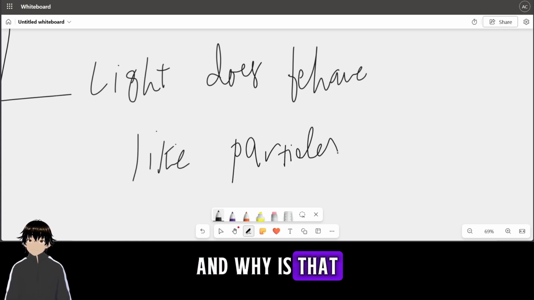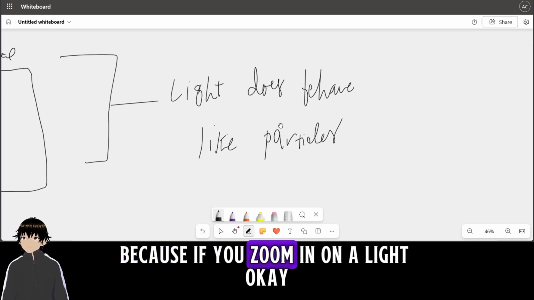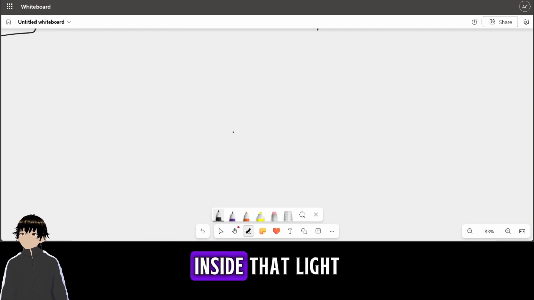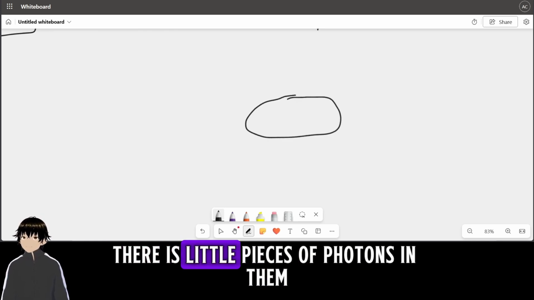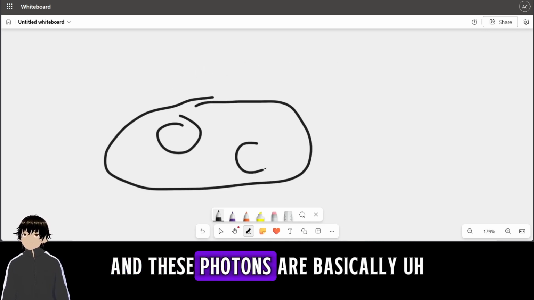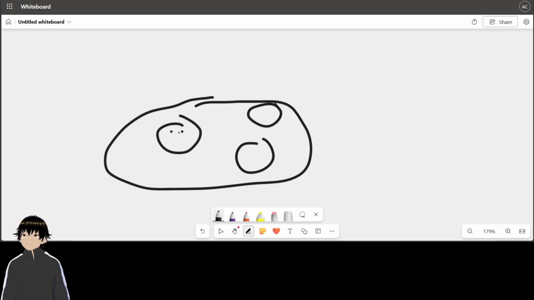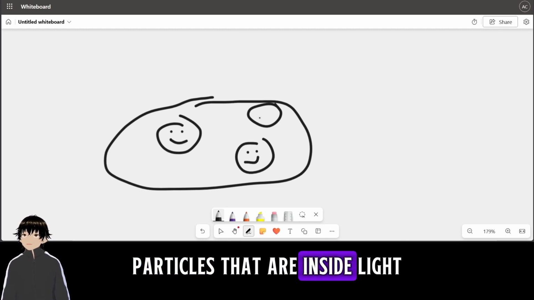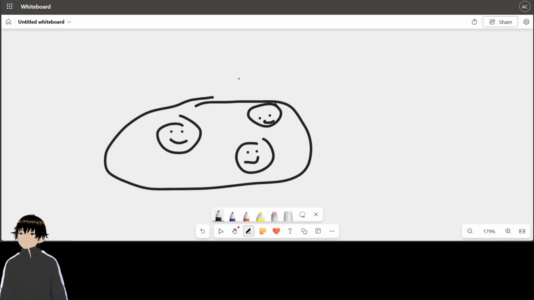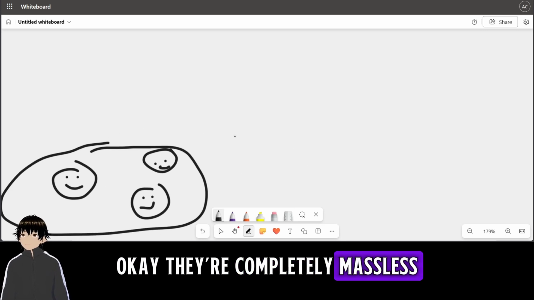And why is that? Because if you zoom in on a light, let's say this is a light, inside that light there are little pieces called photons. These photons are basically particles inside light, but they are completely massless.